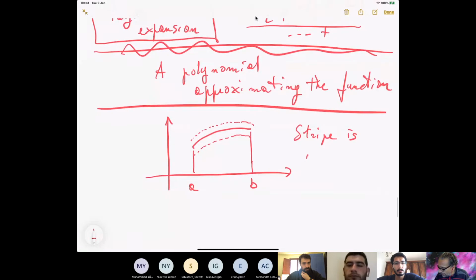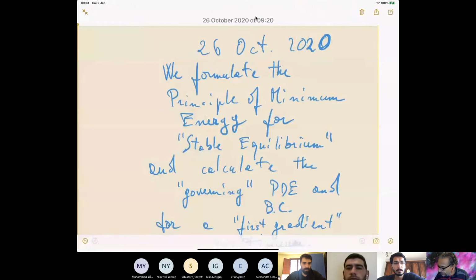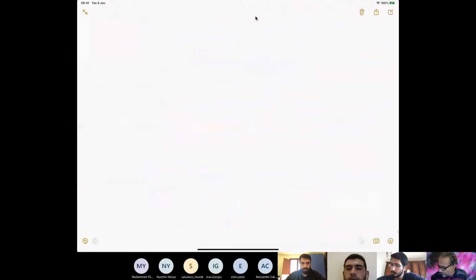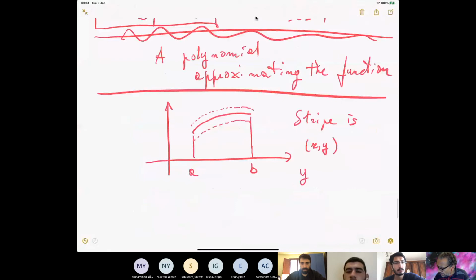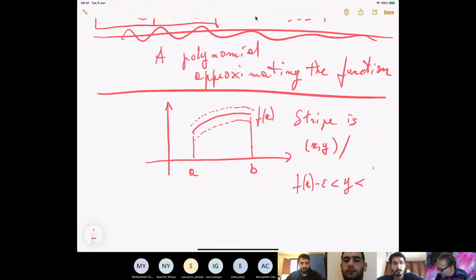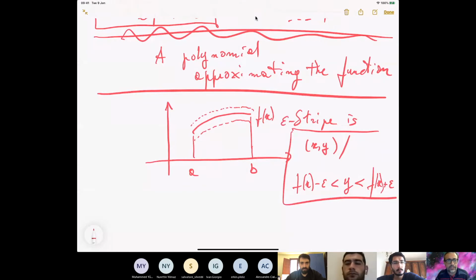is the set of pairs x, y, the numbers x and y, such that, let's call the function f of x, f of x minus epsilon is smaller than y, which is smaller than f of x plus epsilon. So the epsilon stripe is this.